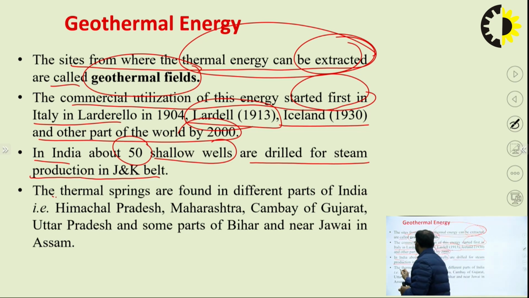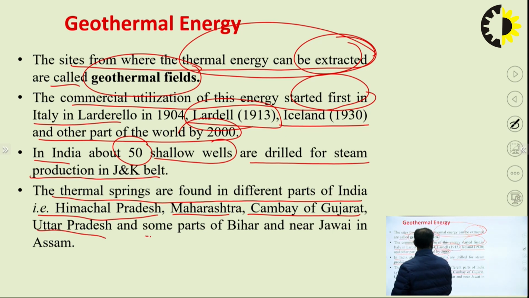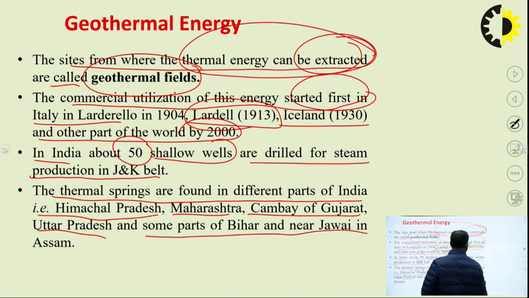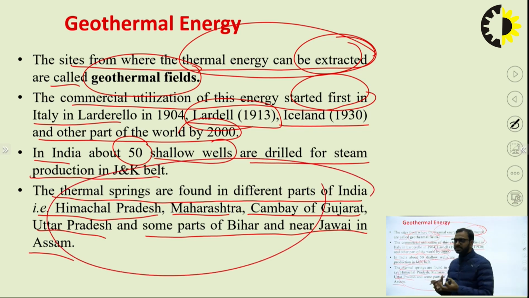The thermal springs are found in different parts of India, that is Himachal Pradesh, Maharashtra, Cambay of Gujarat, Uttar Pradesh and some parts of Bihar and near Jorhat in Assam. So these are some areas where thermal springs are found. It is also one of the types of geothermal energy.